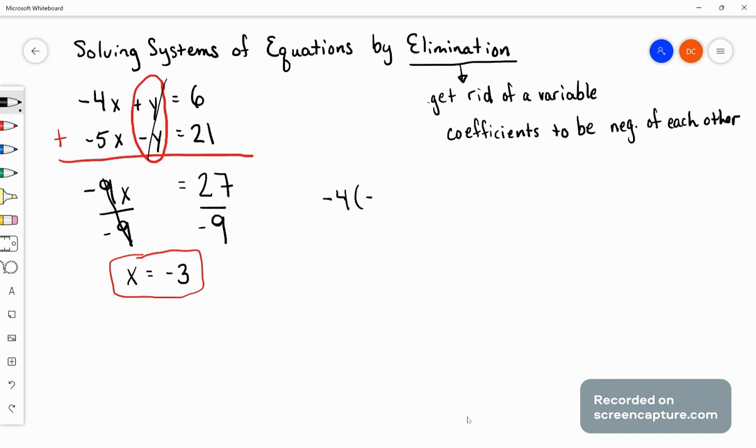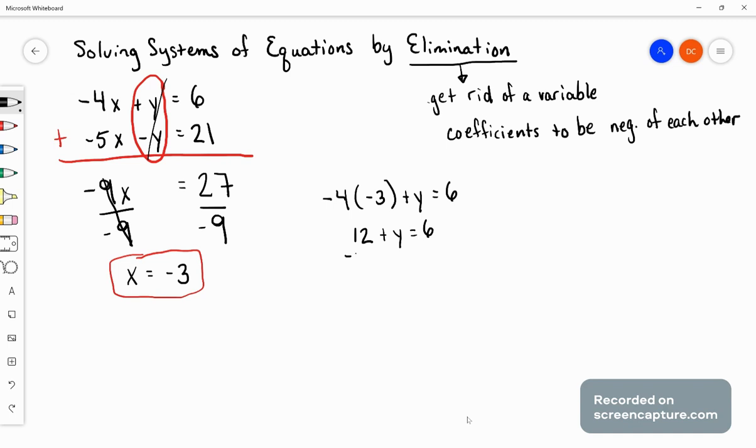So negative 4 times negative 3 plus y equals 6. Negative 4 times a negative 3 will give me a positive 12, because a negative times a negative is a positive, and 4 times 3 is 12. So now we have 12 plus y equals 6.